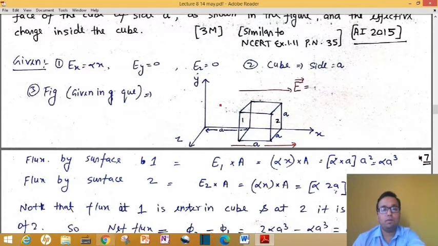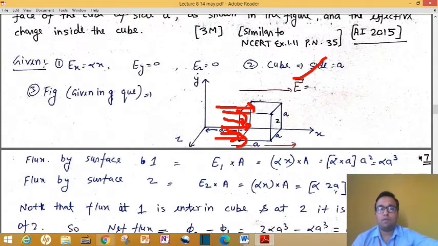So at point 1 the electric field will enter through this surface area, and remember this electric field is not in a single line, it is expanded. Okay, it is present all over, means a bunch of arrows is entering this way. Try to imagine that.